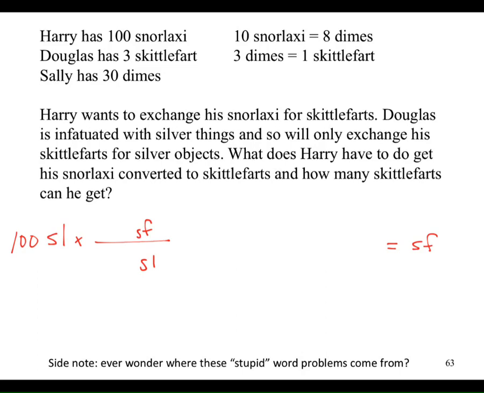However, Douglas is kind of irritating and won't allow that conversion, and instead we must convert the Snorlaxy to dimes first. The Snorlaxy to dime relationship is 10 to 8. Now that he has dimes, he can convert the dimes to Skittle farts because Douglas will accept those silver things. That conversion gets us our 3 to 1, and we can now enter this into a calculator to come up with a potential solve.